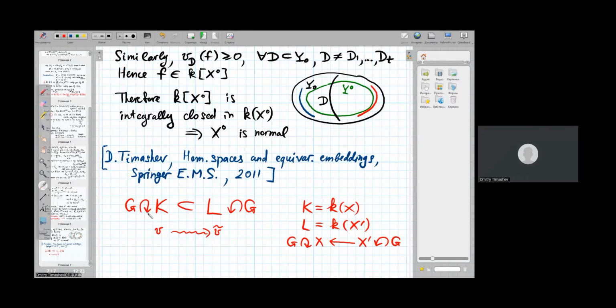Because the field extension and the valuation extension also happens in Galois theory. If you are not interested in G invariance, then of course you may discard the action of algebraic groups. I mean, I'm interested in G invariance, but I am not interested in G being an algebraic group. I mean, G can be any group.